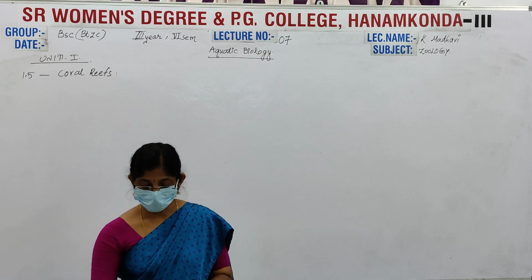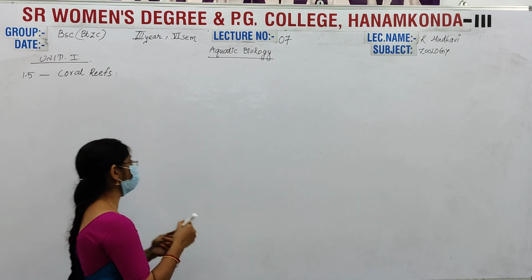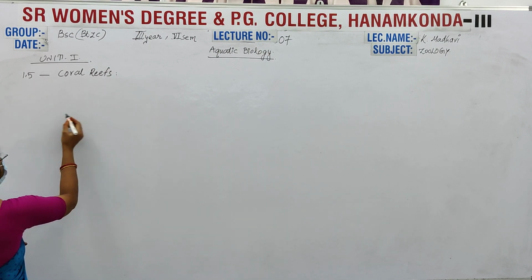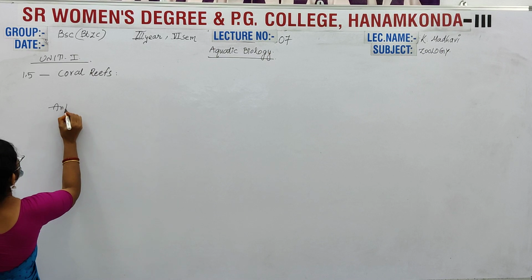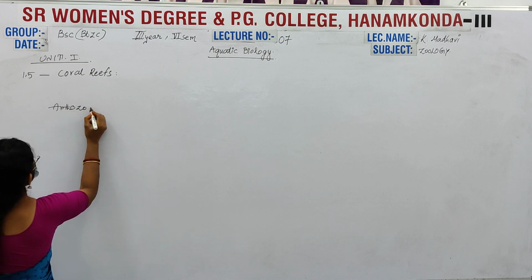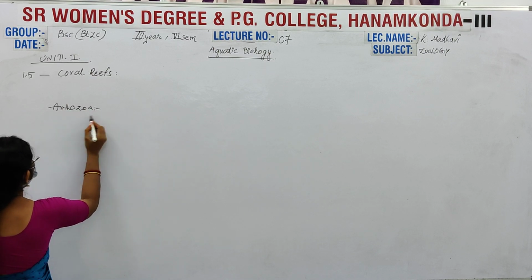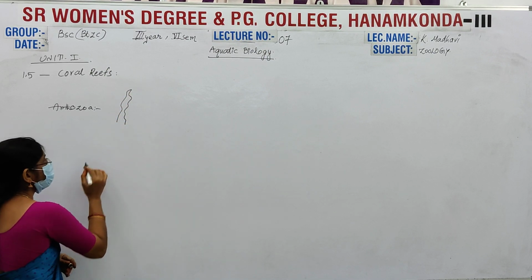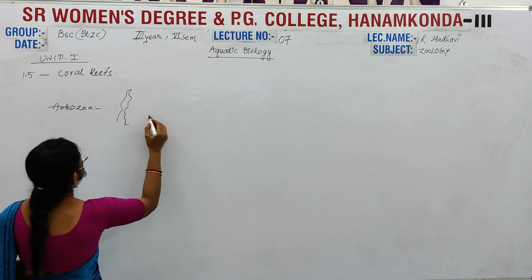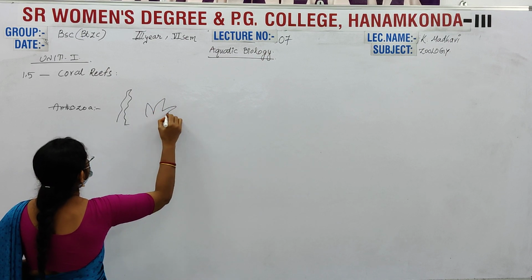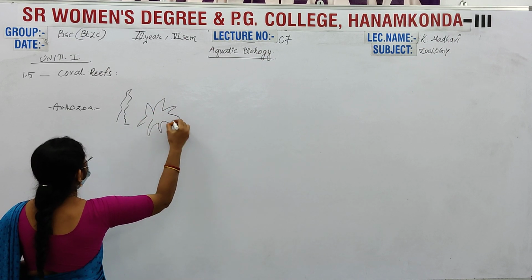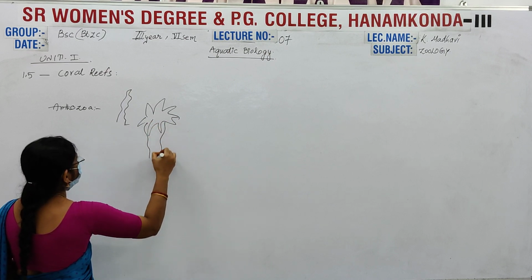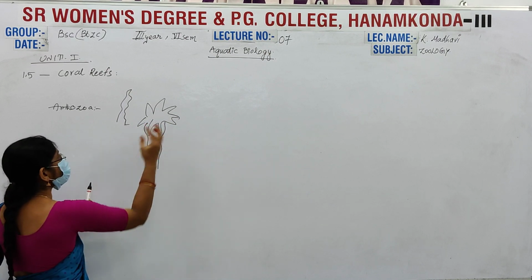Corals are colonial forms related to the Coelenterata, the Anthozoa. Some corals look like dead man's fingers, and some live as a colony. Polyps are present on their top and show some movements.